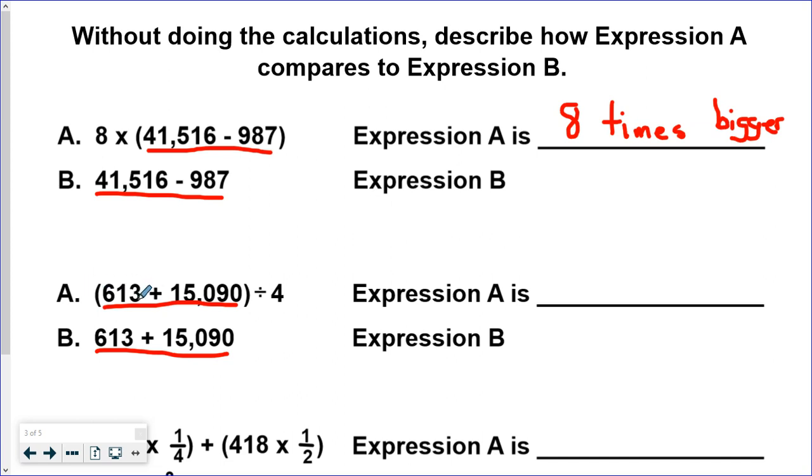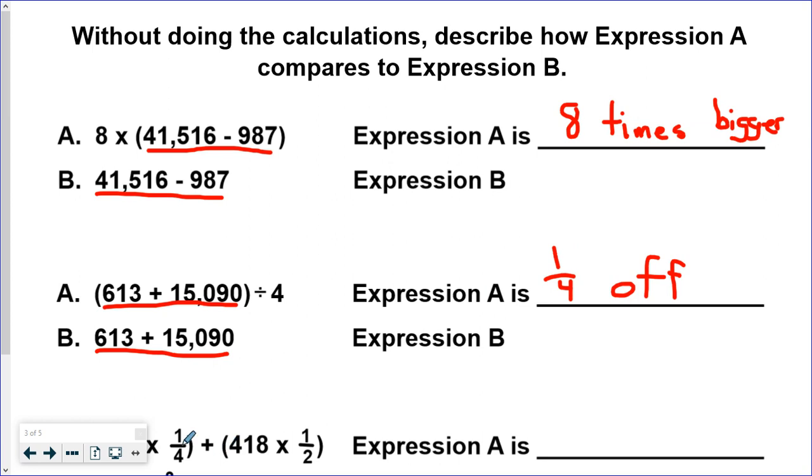Okay, and so I want to write that as an expression. So that means A is going to be smaller. How much smaller? We might even say it's 4 times smaller. So there's a couple ways you could write that. You could say it's going to be 4 times smaller, or since you're dividing by 4, you could say it's 1/4 of.